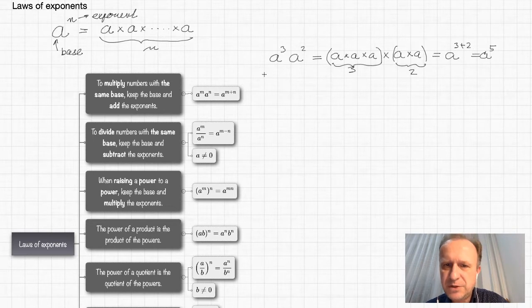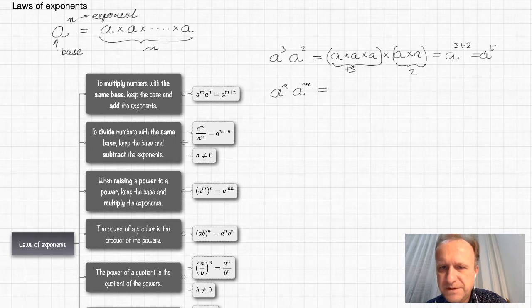Now you can imagine why, in the general case, when we have a to the power of n times a to the power of m, this should have the answer a to the power of m plus n.